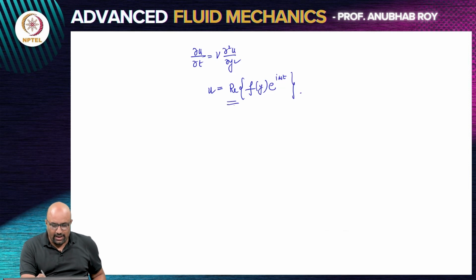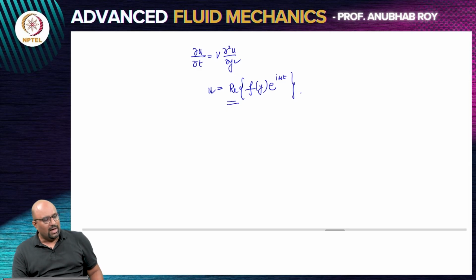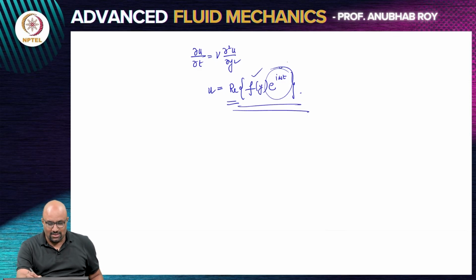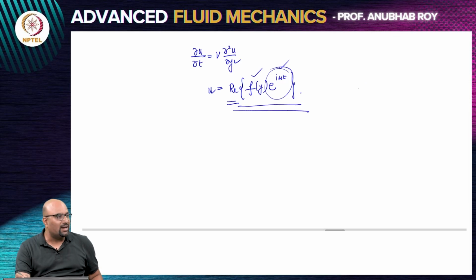Why did I put a real part here? I added a real part here because working with an exponential is easier. So this is basically the assumed form of the solution that I have, that f can be complex, this is complex, and finally the real part of that is the solution.